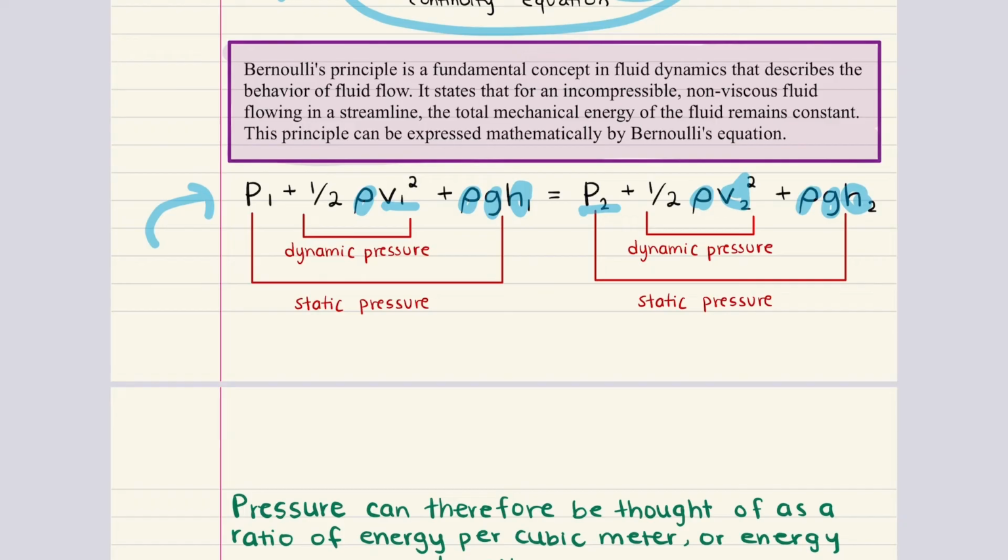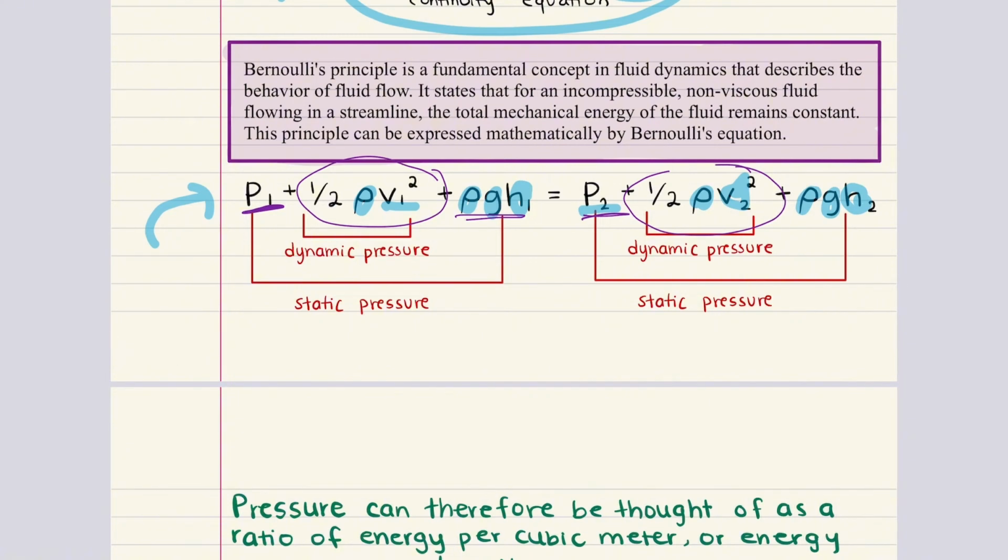Now in this equation, P1 and P2 represent the static pressure at points 1 and 2. These terms, 1/2 rho V squared, represent the dynamic pressure, which is related to the fluid's velocity. And these last terms, rho gh, represent the gravitational potential energy per unit volume at these points.